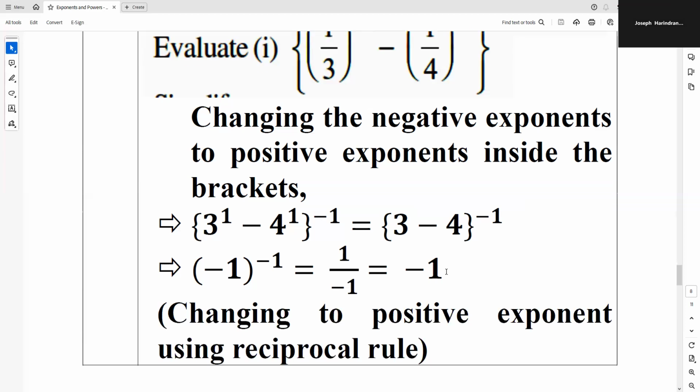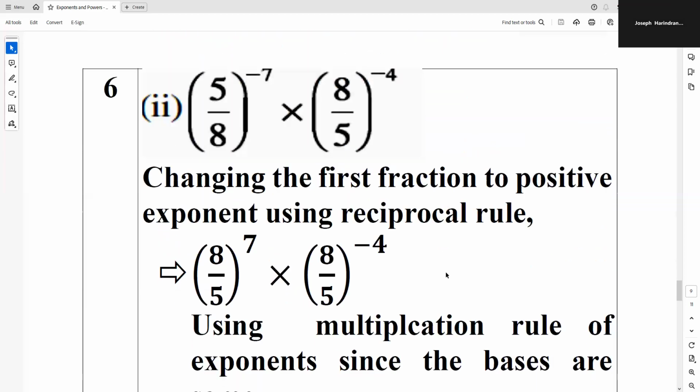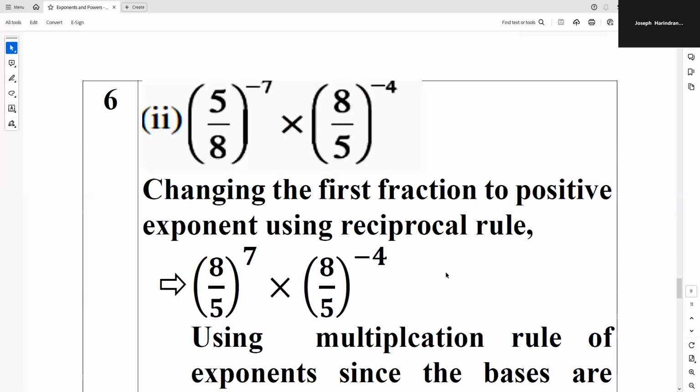Move on to the next subdivision of the sixth question. This is the second subdivision: (5/8) raised to the power minus 7 into (8/5) raised to the power minus 4. It's a rather tricky question where we have to use the reciprocal rule of exponents.